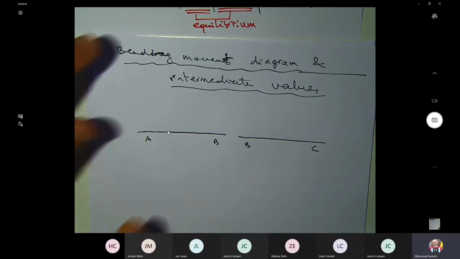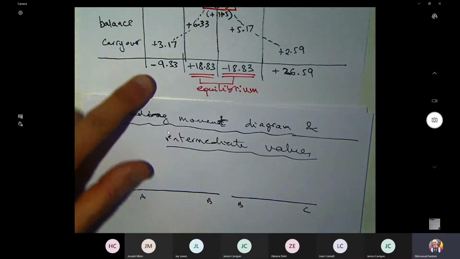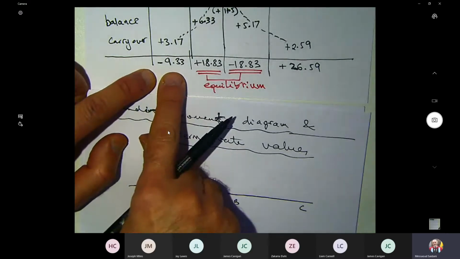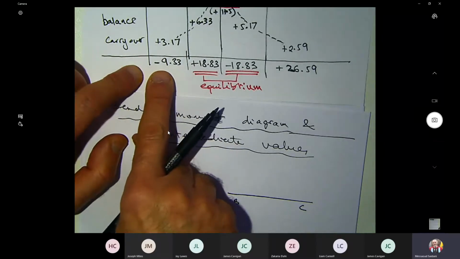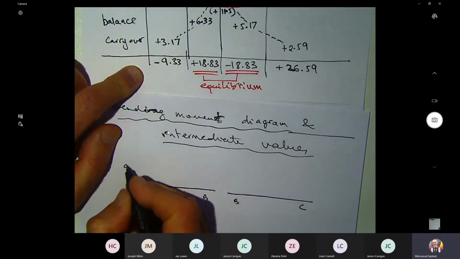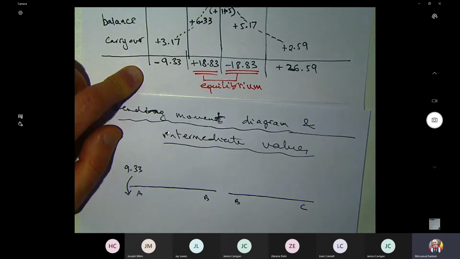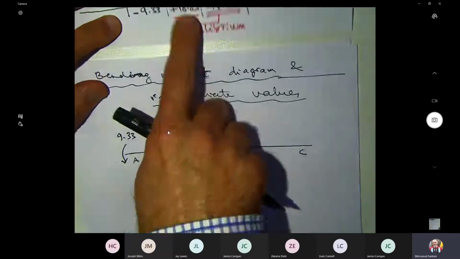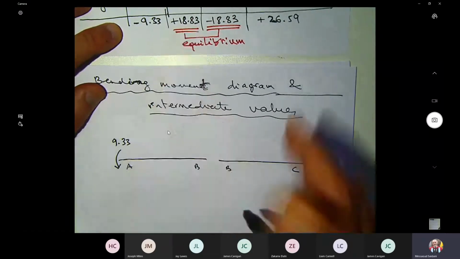Okay, at A, look here, at joint A, we have minus 9.33. Minus means anti-clockwise. So we have here an anti-clockwise moment of 9.33. At B on BA, we have clockwise 18.83.